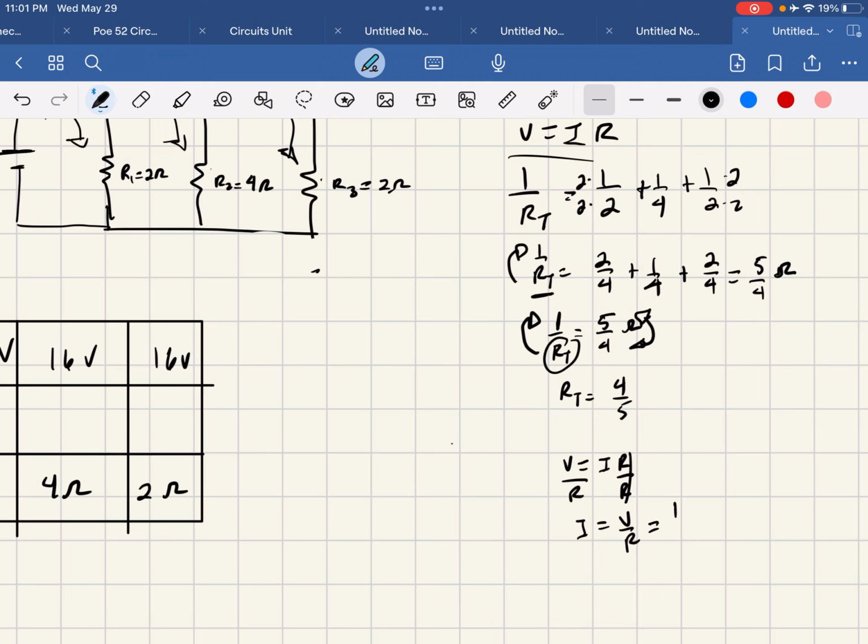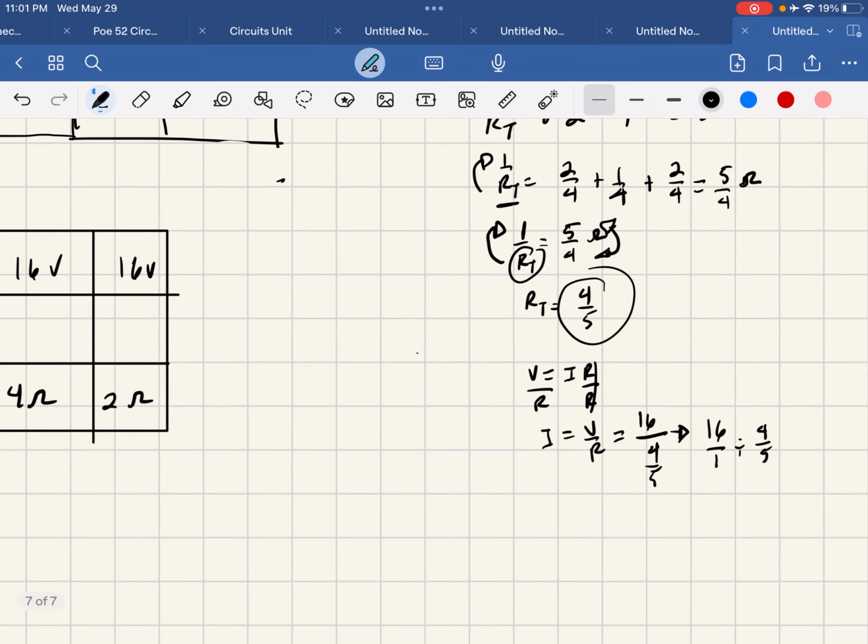But we know that's 16 divided by this here, which is 4 over 5, which translates to 16 over 1 divided by 4 over 5. Since we have a division, we have to do the reciprocal. So 16 over 1 times 4 over 5.